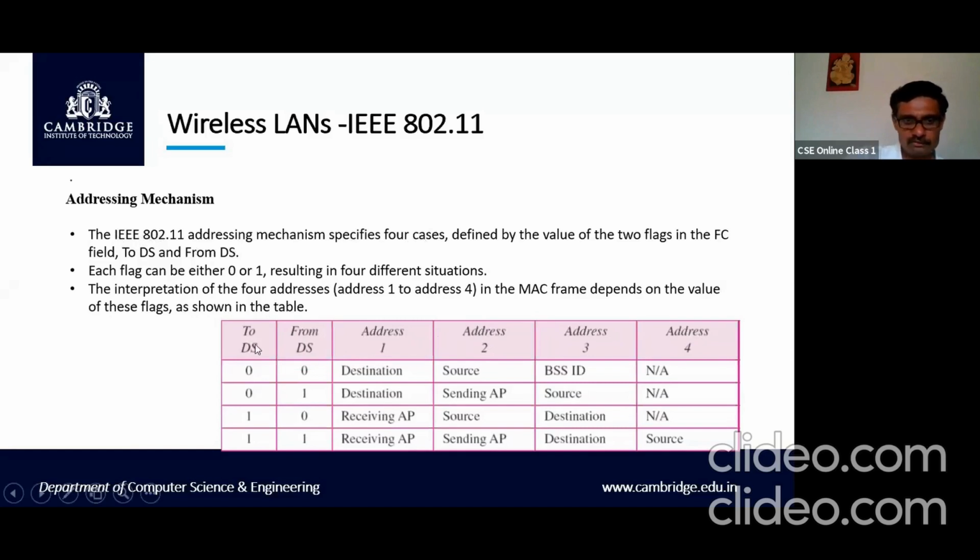How the 4 cases depend on the bits: 00, 01, 10, 11. The 4 cases are there. Accordingly, the interpretation of the 4 addresses in the frame will change. Of course, every address field is 6 bytes long, but their interpretation is different here. Now let us see.